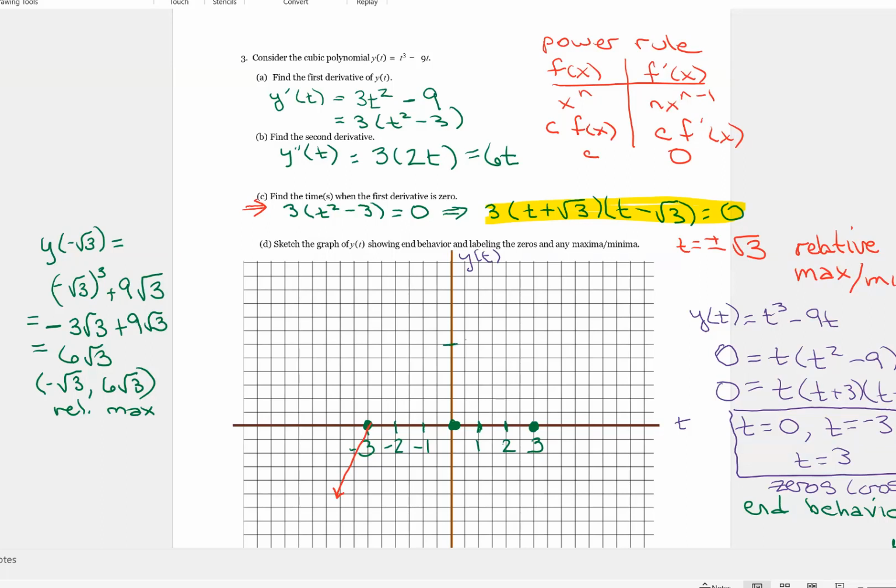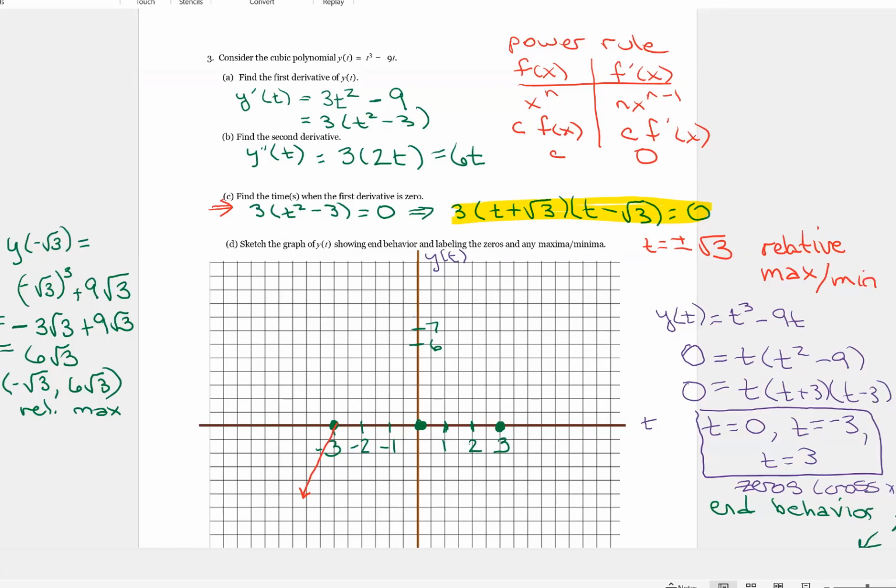Here's 6. Here's 7. And 6 times the square root of 3. 6 times 1.7 is 10.2. 6 times the square root of 3 is a little more than 10.